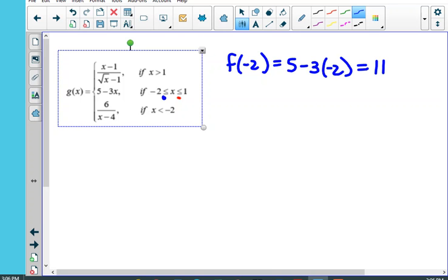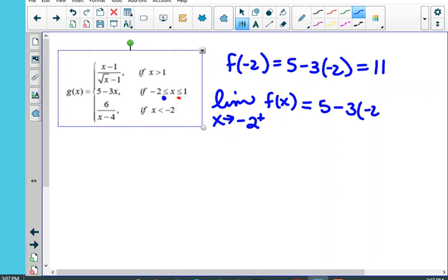Once again, there's the equal to part. The limit as x approaches -2, and I'm going to do the right side first because the right side happens to be the same as the middle one. This is the right side, seems to be the easier one, and it's equal to 11. Okay. So once again, I'm still in possibility for continuity.